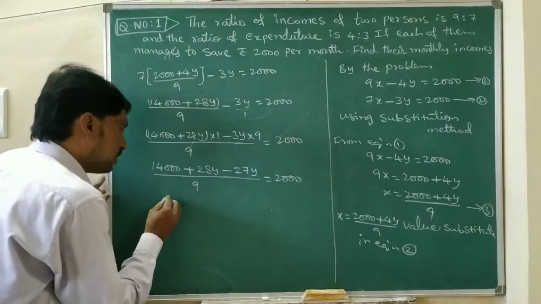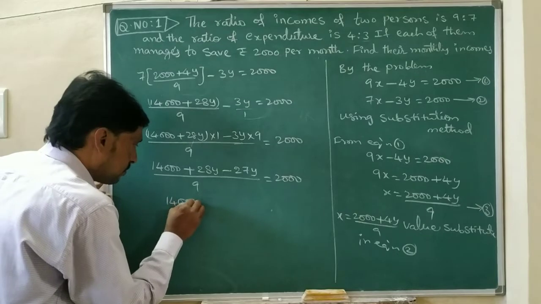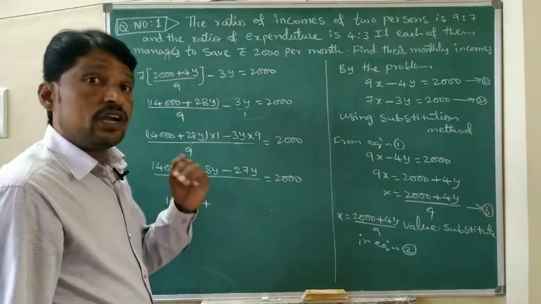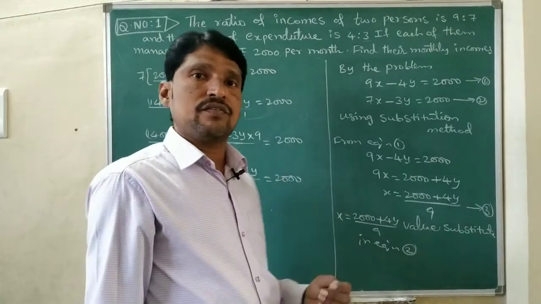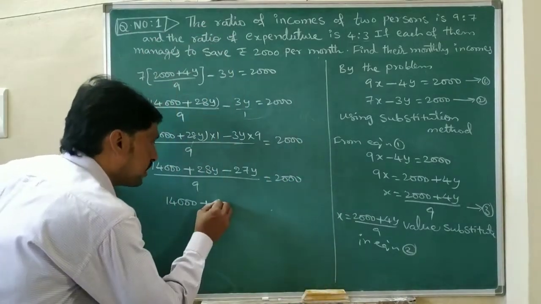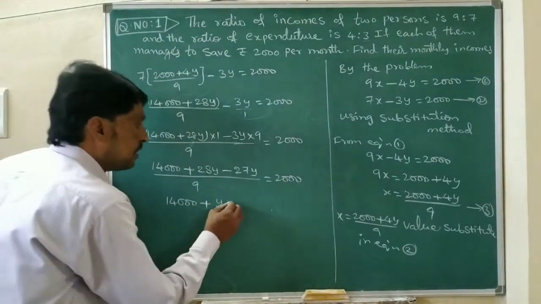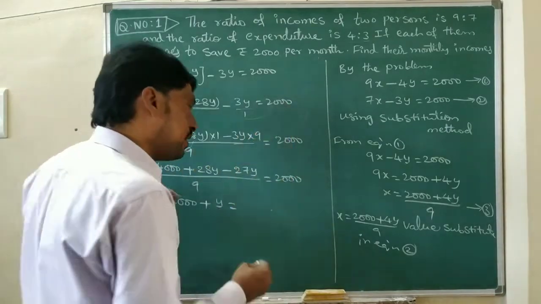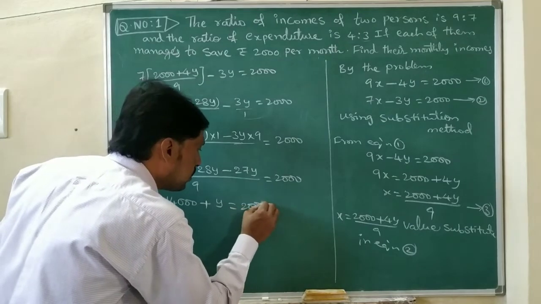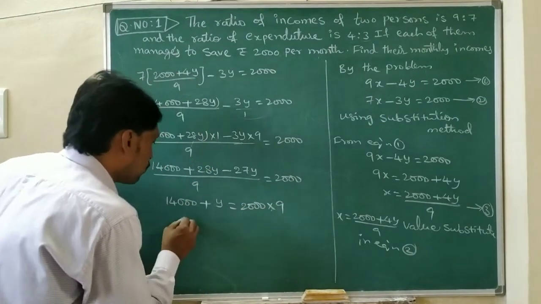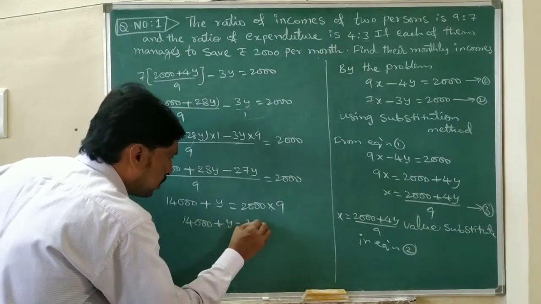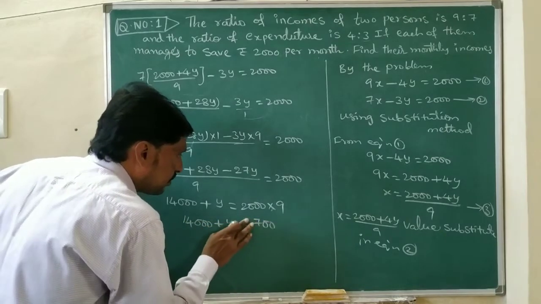This 14,000 as it is plus 28y minus 27y. 28y minus 27y we need to subtract, means we are getting 1y. 1y means y. Equal, this 9 I am transposing. Denominator becomes numerator, means 2000 into 9 we are getting. So 14,000 plus y equal 27,000.